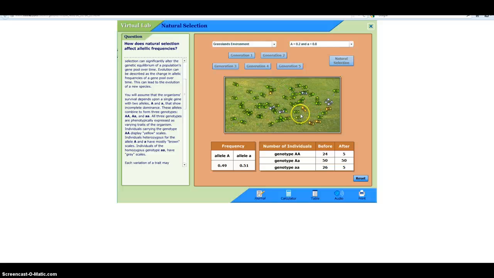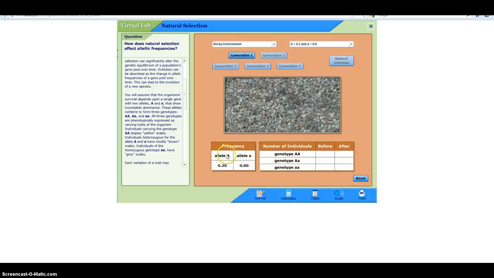So camouflage is not quite as important as it is in a desert or on a sidewalk or someplace where animals are more exposed. We also can reset this and we can look at the differences in what we start with over here. So now we're in a rocky environment.